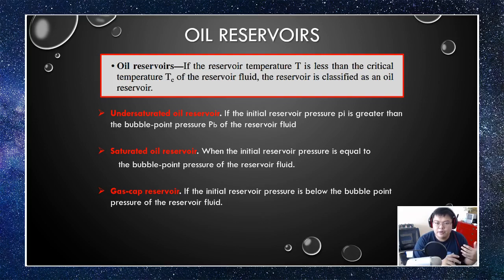Undersaturated reservoirs are reservoirs where the initial reservoir pressure is greater than the bubble point pressure of the reservoir fluid. I'll say that again. Undersaturated reservoirs is when the initial pressure is greater than the bubble point pressure. And saturated is the opposite.